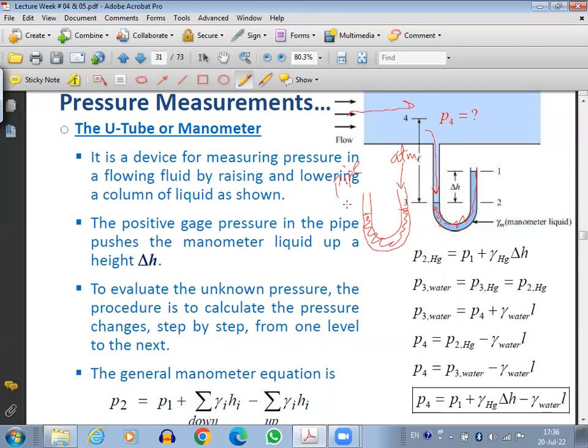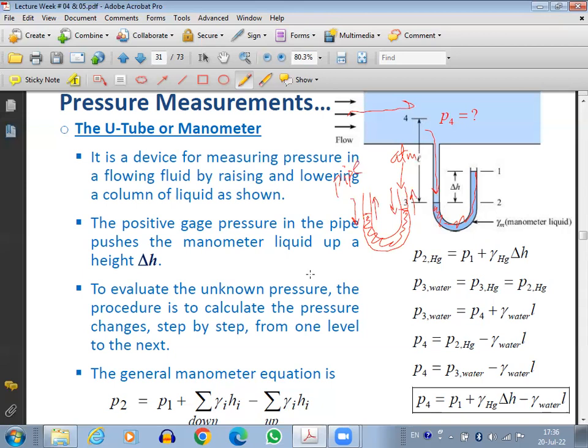Now, if the pipe pressure is greater than atmosphere, what will happen? It will push the liquid level here down, and this level will go up. If the pipe pressure is lower than atmosphere, then the atmosphere will push this level down and this level will go up. So just by looking at the levels on the two sides of the U-tube manometer, we can judge whether the pressure in the pipe is greater or smaller than atmosphere.